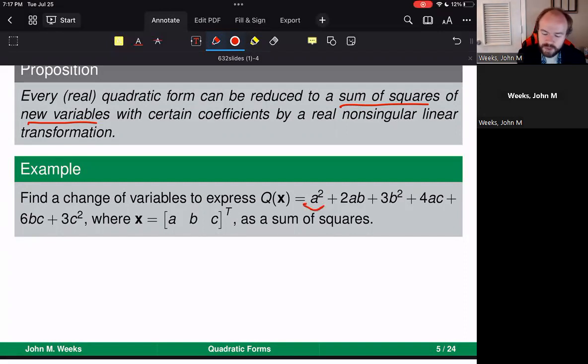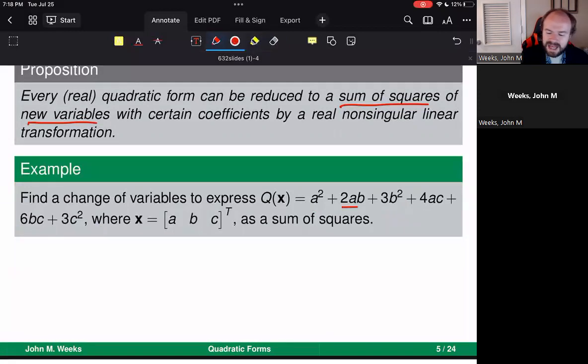Now, I have some squares already: a squared, 3b squared, and 3c squared. I could write those more specifically as squares, as square root of 3b quantity squared and square root of 3c quantity squared, but that wouldn't really solve my problem right now.